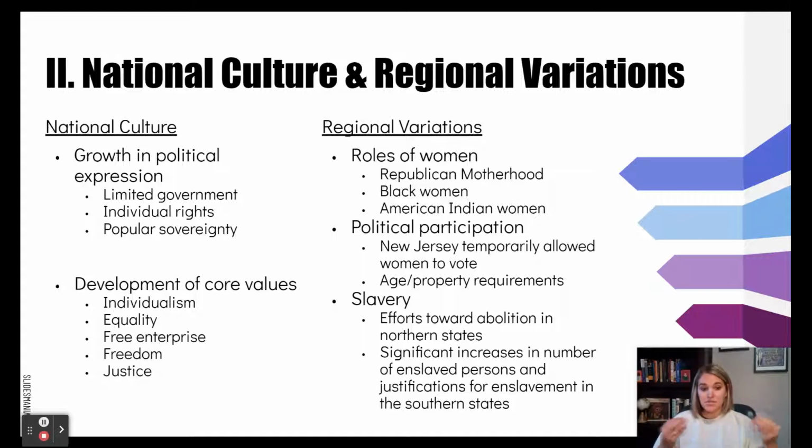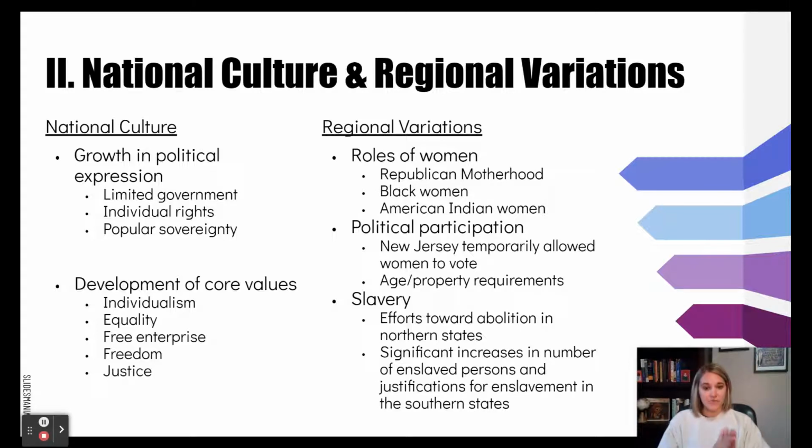Now, these things are going to look different in parts of the nation. However, the idea of pulling yourself up by your bootstraps and having hard work to obtain a higher place in life, being free of aristocracy and nobility, those are some of the core values of Americans at this time.